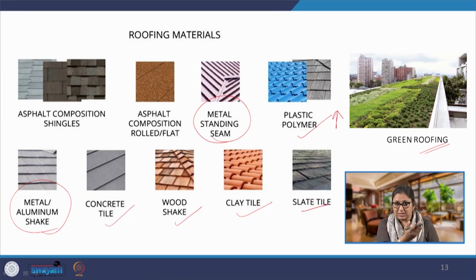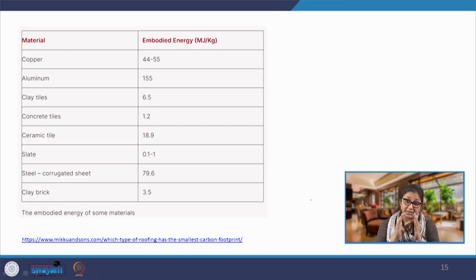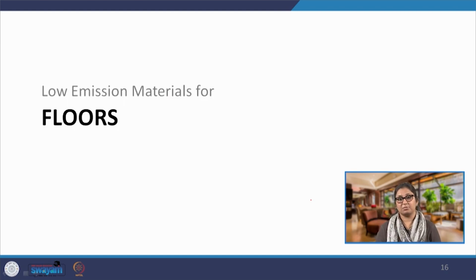It is a similar pattern that we would see when looking at different types of these materials, but the perceptions have to be kept aside. We have to clearly see the numbers, as we have just talked about in the case of a green roof. It is not going to be a very low emitting roof, it will be associated with higher emissions, but the operational benefits, the energy savings during operation, so the life cycle benefits, are going to be higher.